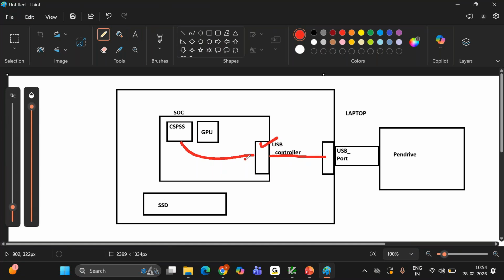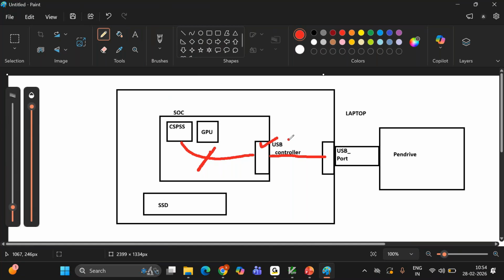Examples are AXI, APB, AHB, ACE. A lot of protocols are there. Understood this point? In our course we will learn the AXI protocol, one of the very important on-chip protocols, which is used in every SoC.